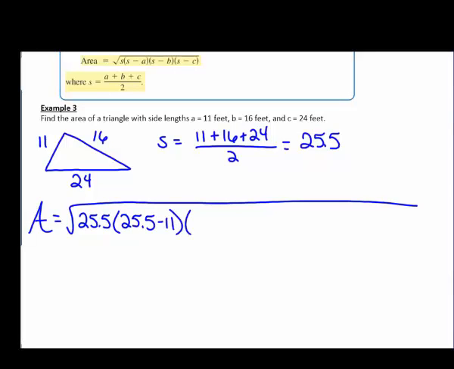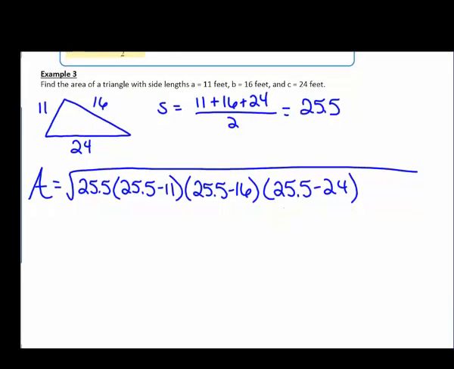All right, so we've got the area equals the square root of 25.5 times 25.5 minus 11 times 25.5 minus 16 times 25.5 minus 24. Now you can plug all of this into the calculator. It can get a little messy, so if you're not comfortable with doing that, you could do each of these differences by themselves.